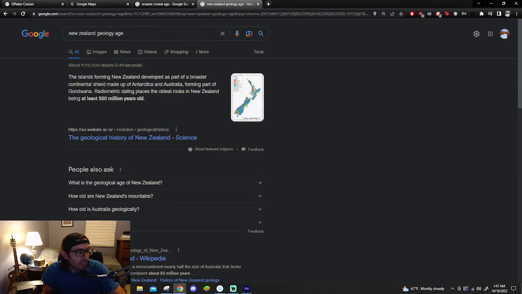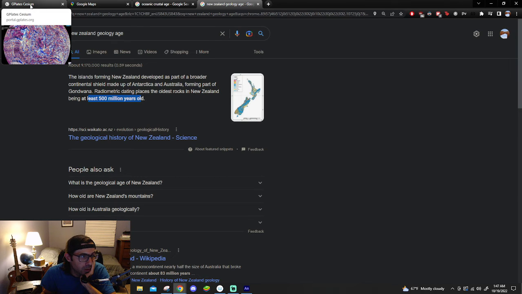geology age. Oh, sure, whatever. Okay, at least 500 million years, so no. Although islands forming New Zealand developed as part of a broader continental shield. Okay.